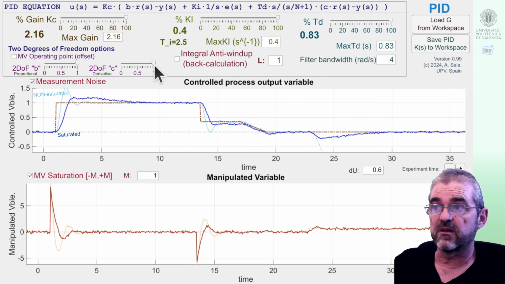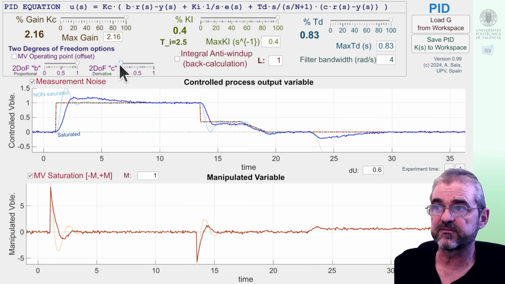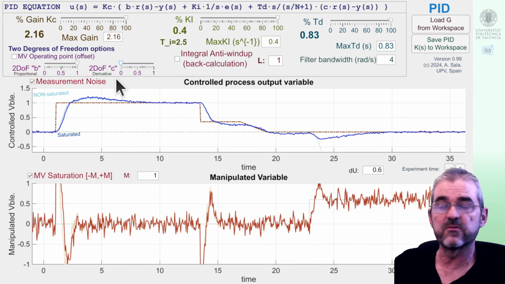In fact, if I tell my derivative action to disregard the derivative of the set point to avoid derivative kick, then with this c equals 0, it's the so-called 2 degree of freedom output only derivative.